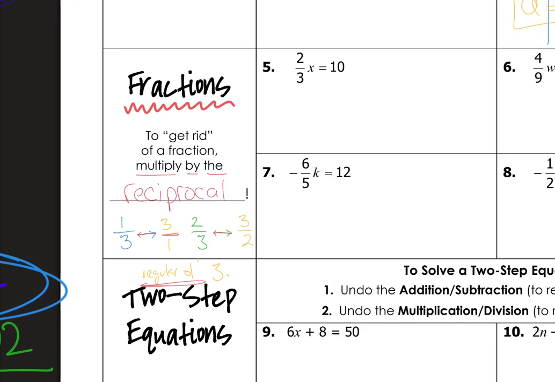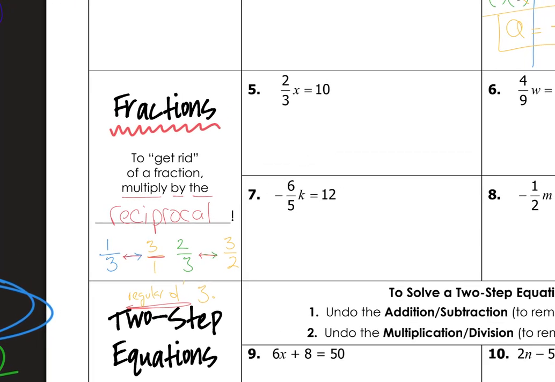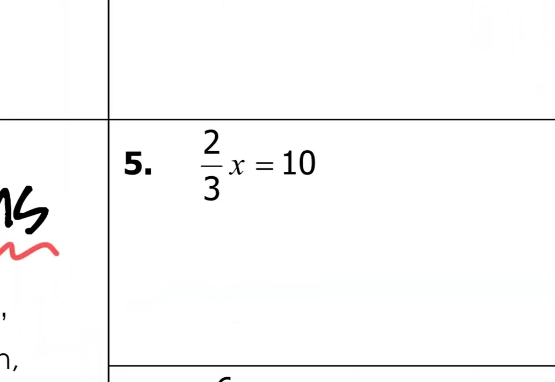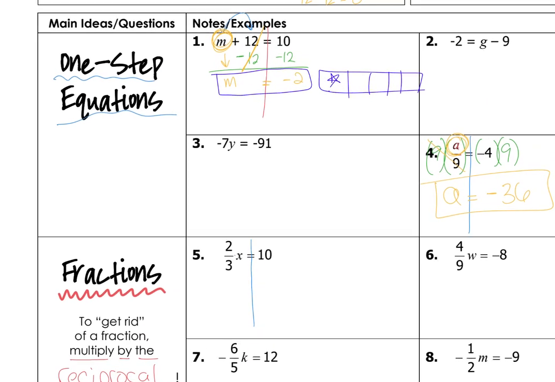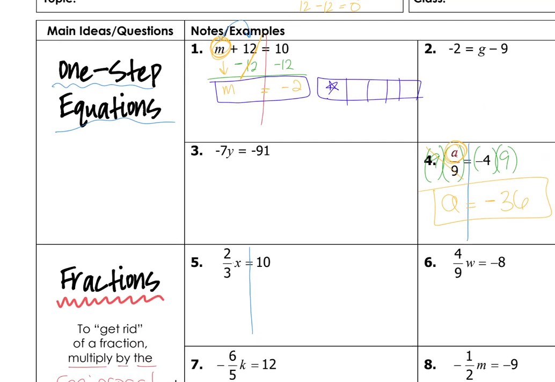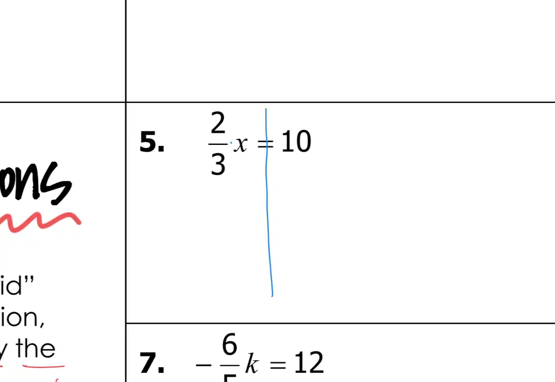So if you're like, I'm not really sure what multiplying by the reciprocal means, well, check this out. We have 2/3 times x. Didn't we just do a thing where if you're multiplying, you should divide? And the answer is yeah, but. So here's why I want to say yeah, but, okay?